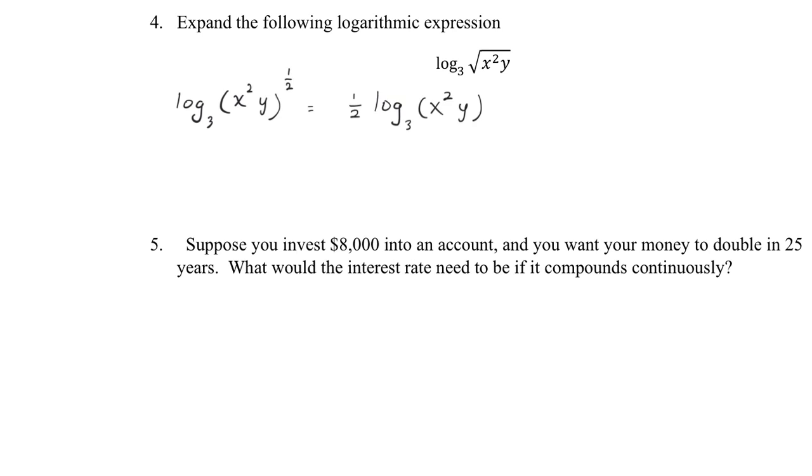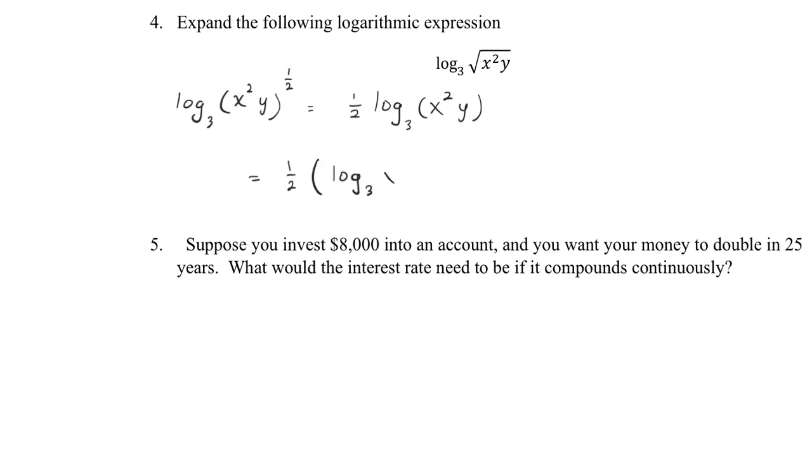Now here we're going to expand this logarithm into 2 because we have a product, x squared times y is a product. So we're going to expand the logarithm. And one thing to keep in mind, this is a common mistake, this 1/2 that's in front of the single logarithm needs to be a coefficient in front of both logarithms when you expand it. So the way you can do that is put a parenthesis there.